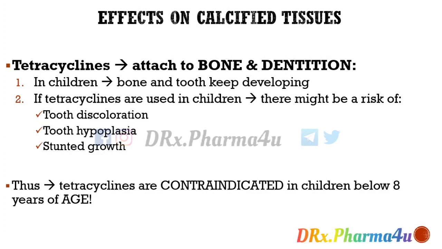Tooth hypoplasia: plasia means growth, hypo means stop or reduce. So there will be a problem with the proper growth of permanent teeth and definitely stunted growth. Why stunted growth? If the bone does not grow properly, your height will never develop. As a result, tetracyclines are contraindicated in children below 8 years of age.